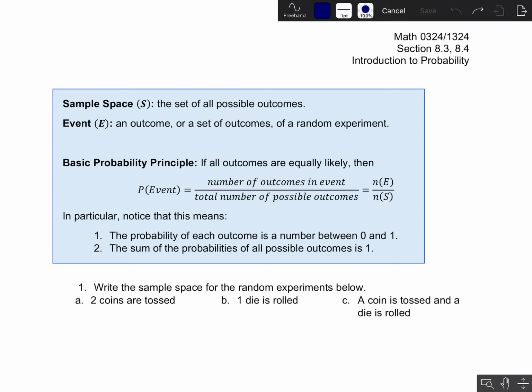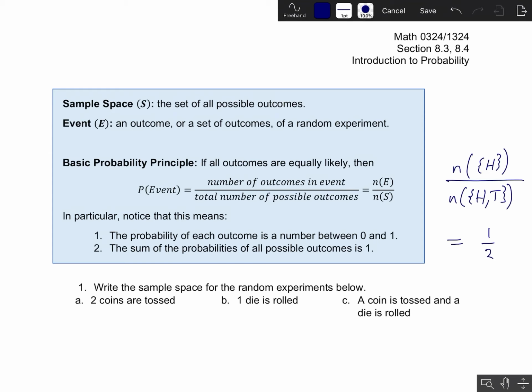For the example I've been talking about, the number of outcomes you're happy with, flipping heads, divided by the number of outcomes in your sample space would be 1 over 2, and clearly that agrees with your intuition that you should have a 50-50 shot of flipping a heads whenever you flip a coin.